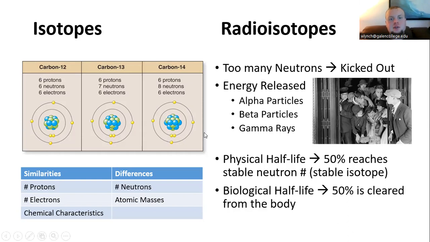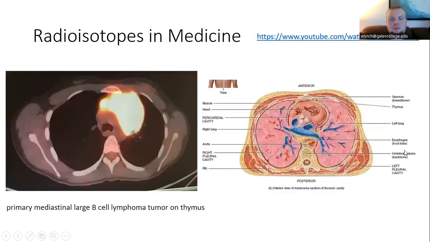The amount of time it takes for 5 of those to now become carbon 12 again is going to be the physical half-life. Biological half-life is going to be how long it takes for your body to clear it. So how long it takes the body to clear 50% of that particle weight or particle mass from the body.